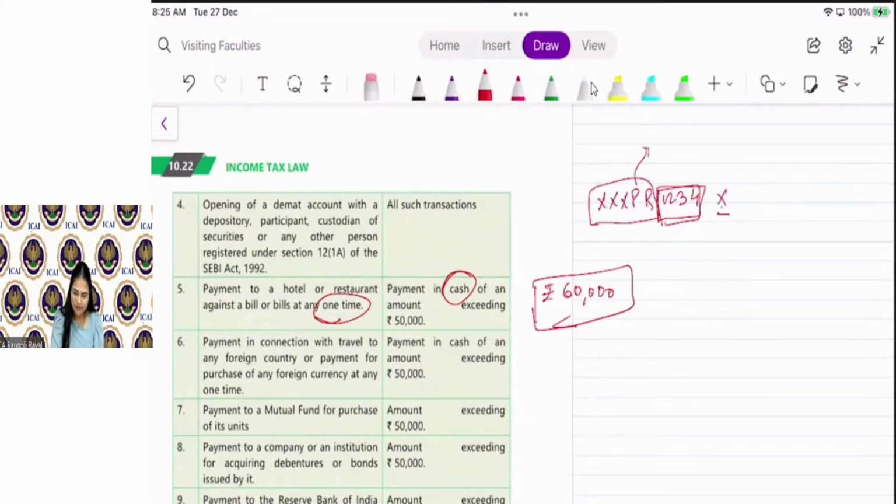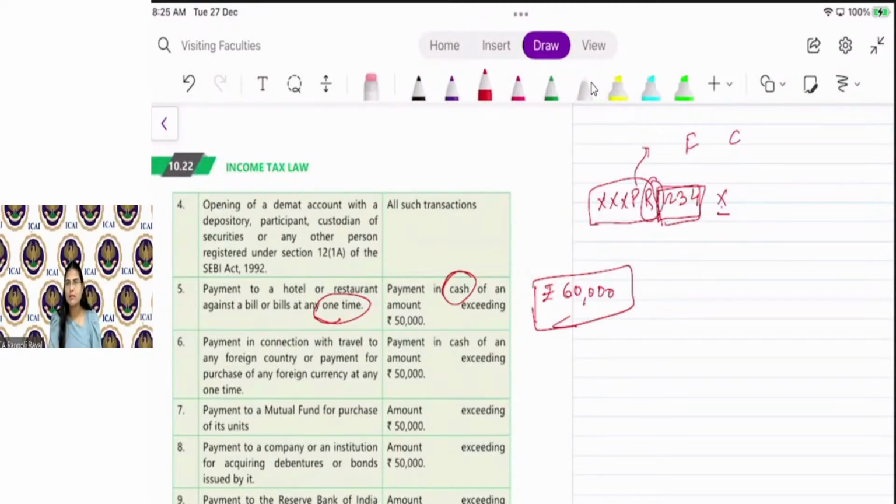The fourth character denotes the status, the category of person. If the PAN holder is an individual, then the fourth character is P. If the PAN holder is a firm, then the fourth character is F. If the PAN holder is a company, then the fourth character is C. The fifth character is the first alphabet of the name of the person.